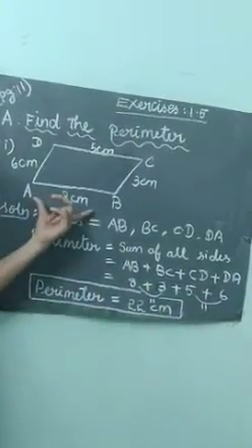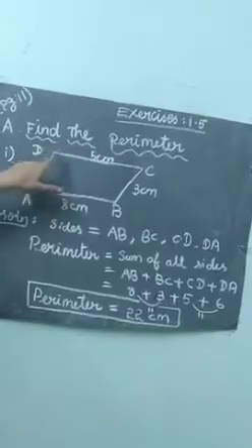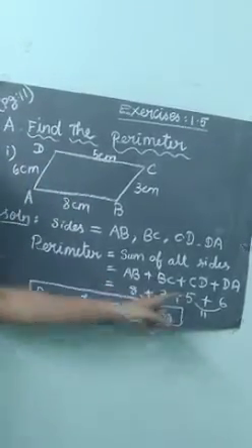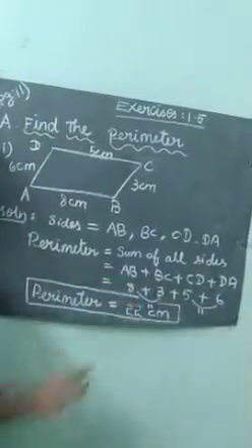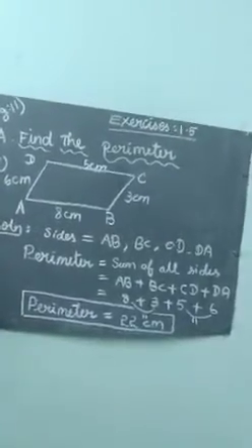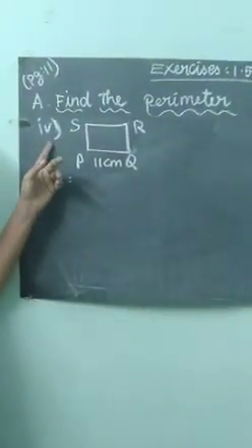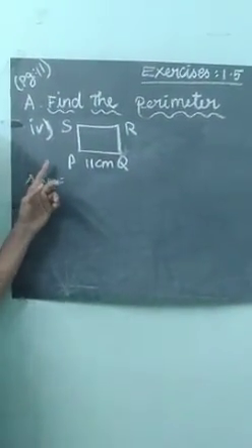AB 8 centimeter, BC 3 centimeter, CD 5 centimeter, DA 6. Then after you just do the addition. That's all. First sum I already done for you. Second sum and third sum is your homework.